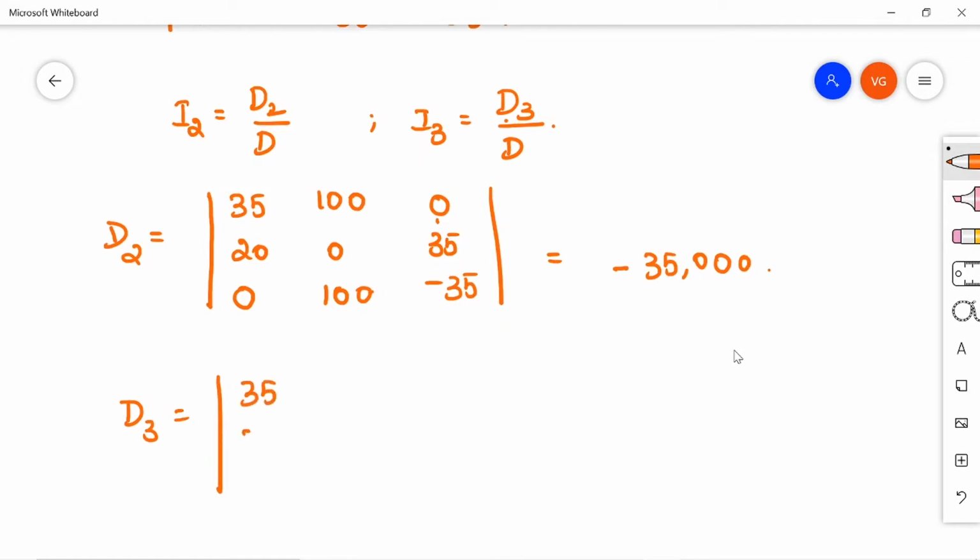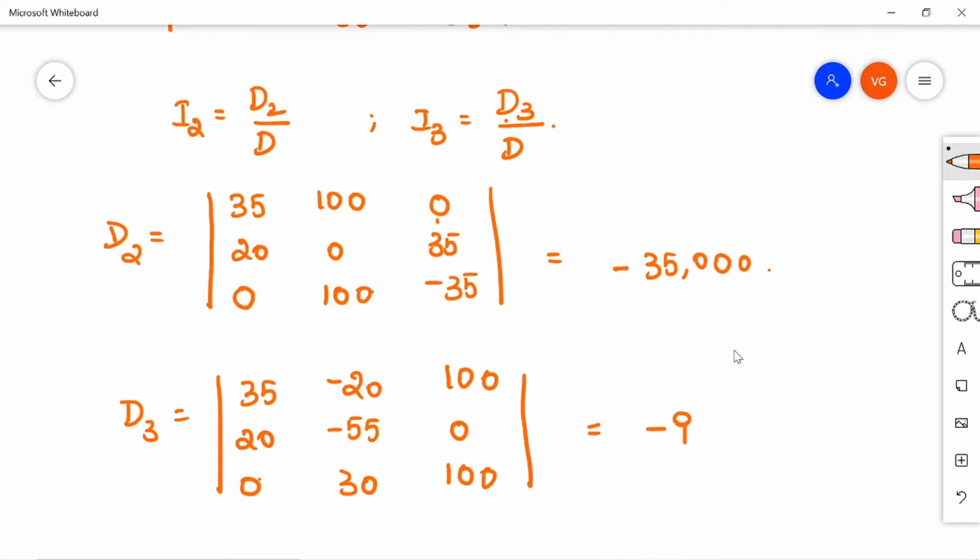So 35, 20 and 0. Minus 20, minus 55, 30. So just replace the third column with 100, 0, 100. So solve this to get the value of D3. So I am getting minus 92500.